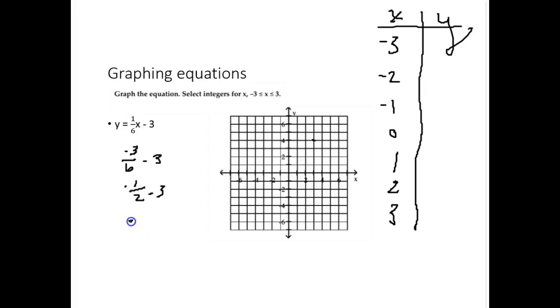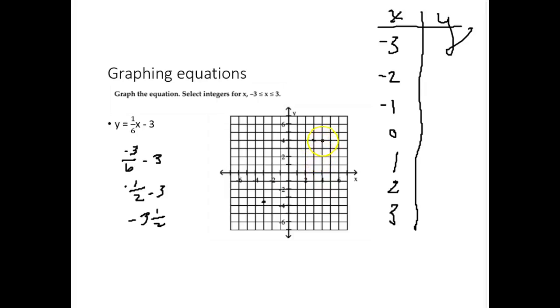That just ends up being negative 3.5. So for an x of negative 3, it gives me a y of negative 3.5, so it's going to be about right there.